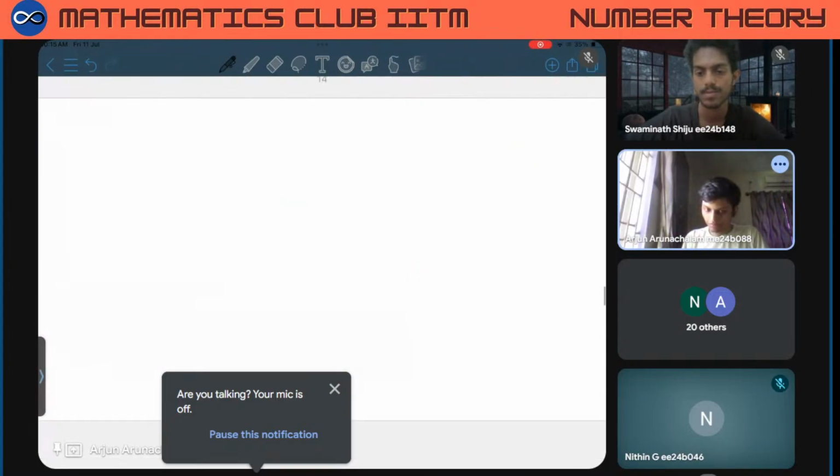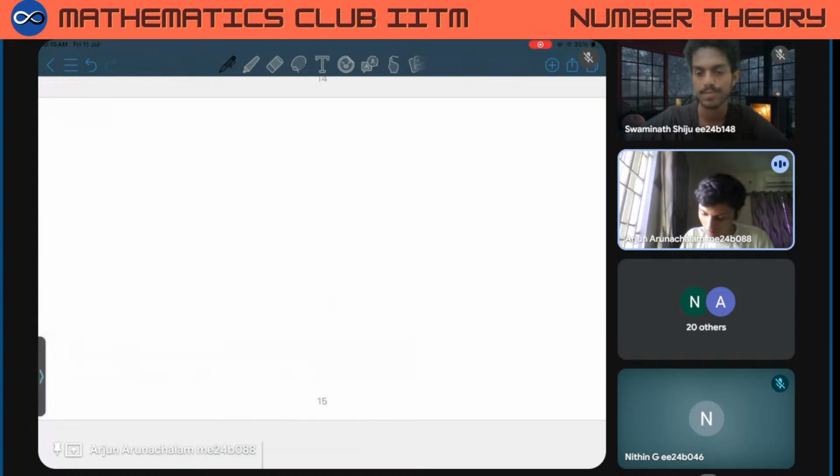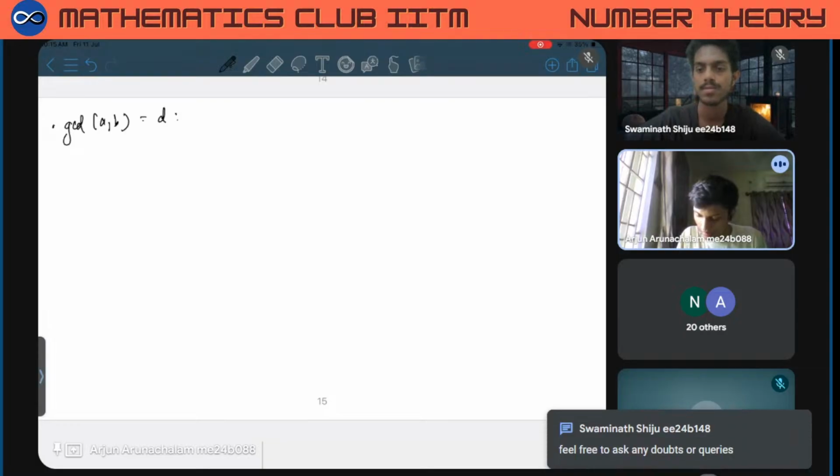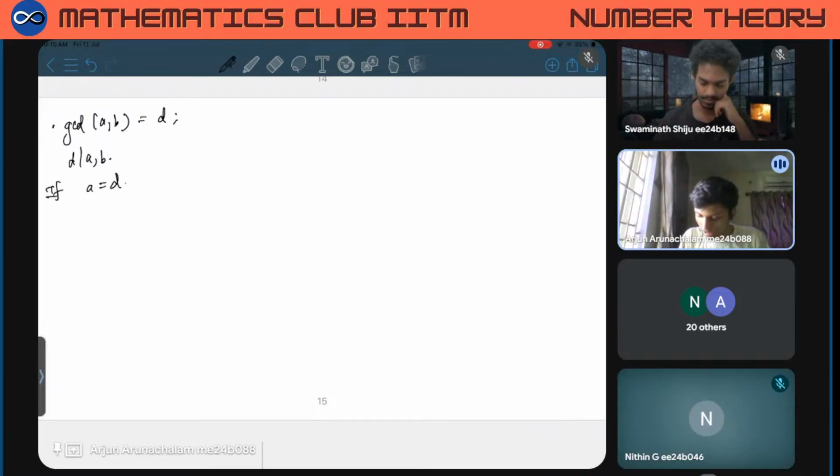Again we start with the same setup. So assume that GCD of a comma b is equal to d. You have that d divides a and b, and that if a is equal to d a dash and b is equal to d b dash, then GCD of a dash comma b dash is 1.